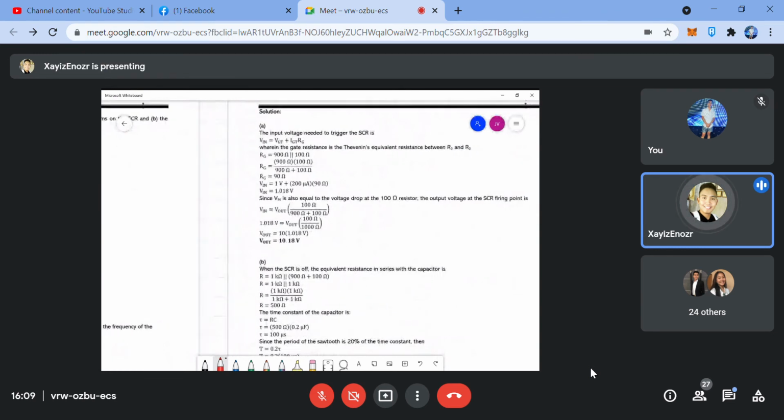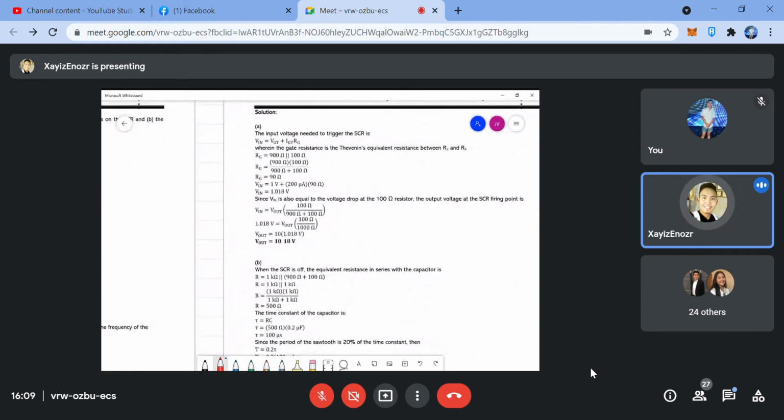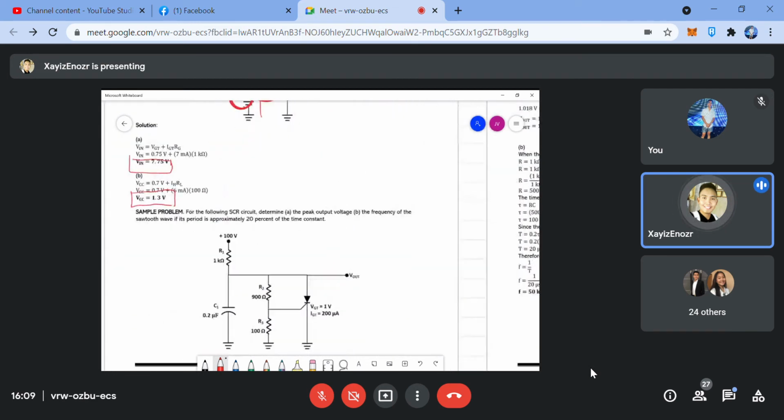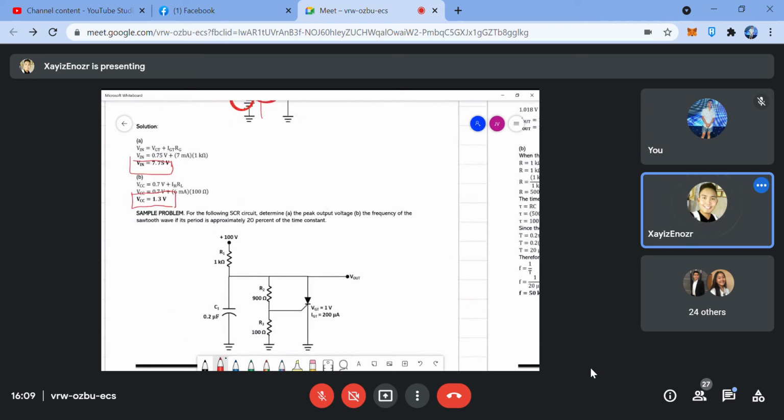Okay. Kailan ba masusukat yung peak output voltage? Kailan mo masusukat yung peak output voltage dito?